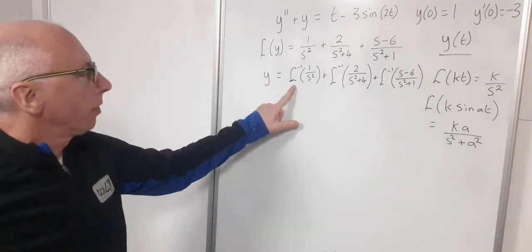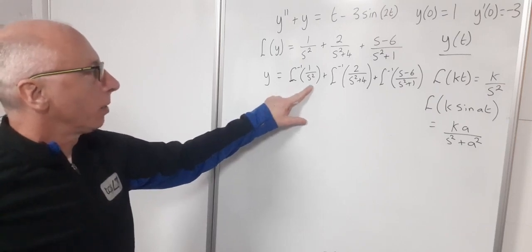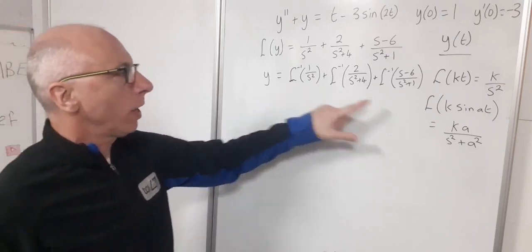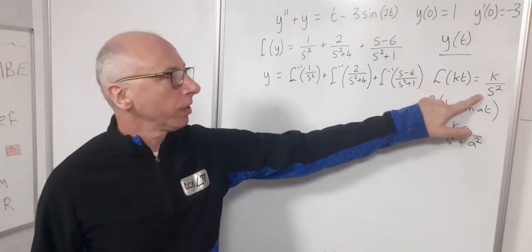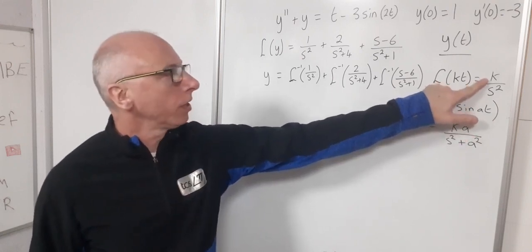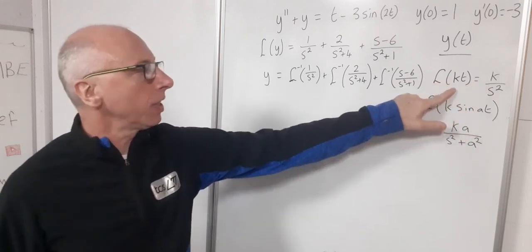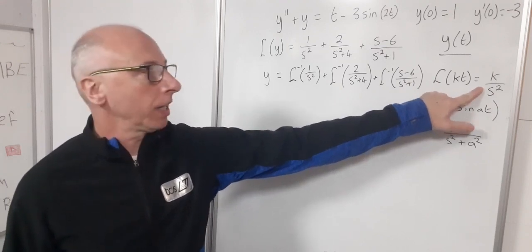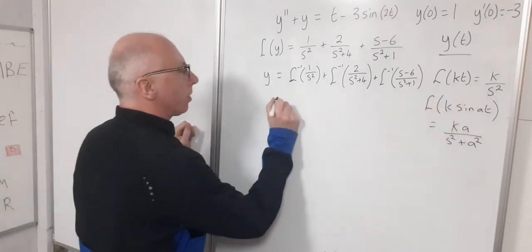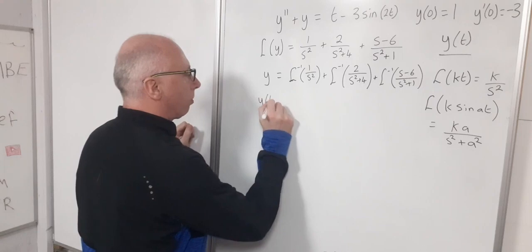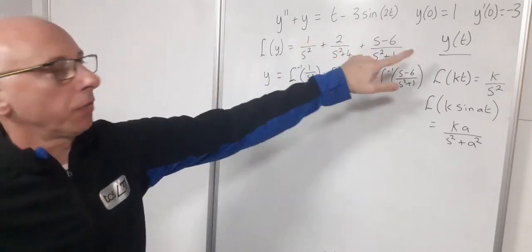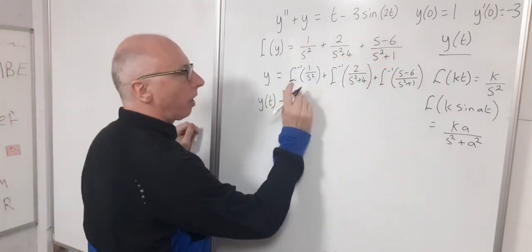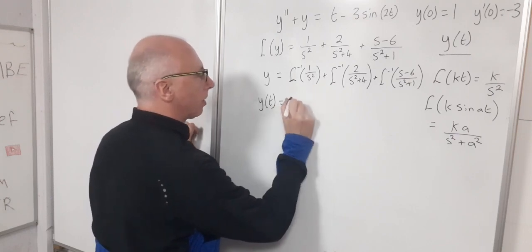Okay, well, this one we already know. So this one, 1 over s squared, that was the reverse of this one. So here our k is 1. So basically it's just the Laplace of t just gave me t. So that's that one. So y, we write it as a function of t as it was before. So therefore our variable here would just be t.